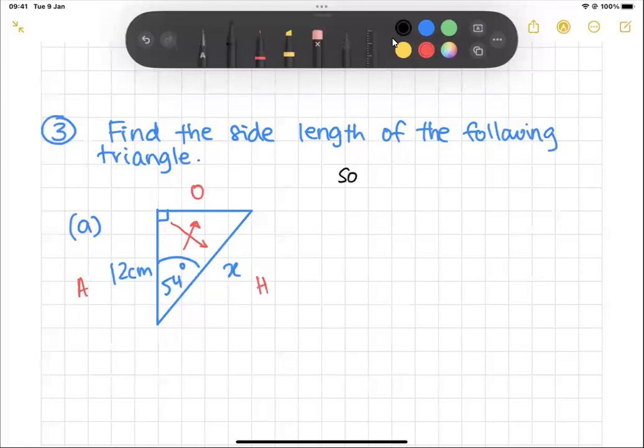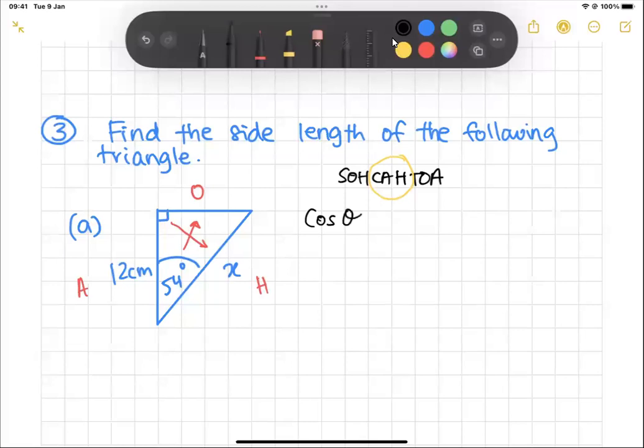I'm going to write SOHCAHTOA right here, just so that I remember the formula and I don't get stuck. Okay, I've got no length on the opposite side, but I've got one on the adjacent and the hypotenuse. Which one should I use? Well, I think I need to use cos theta, because I've got A and I've got H. I've identified it.